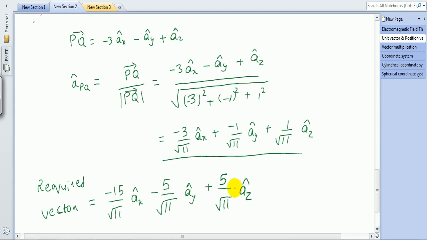This is the required vector which has magnitude 5 and direction along the PQ vector.